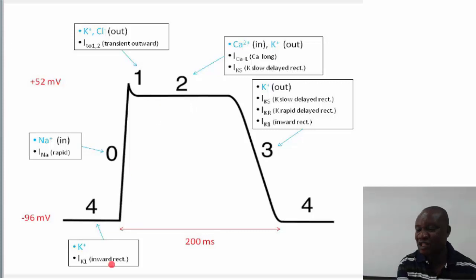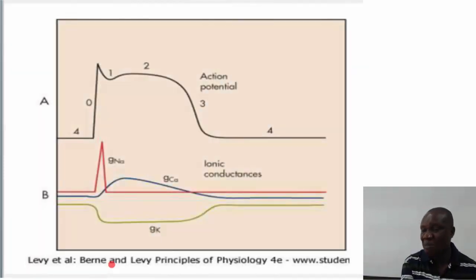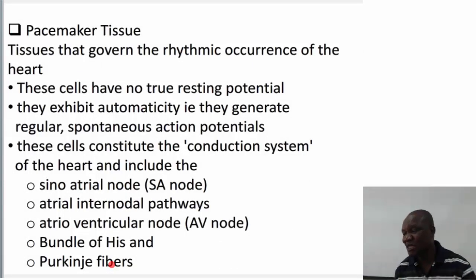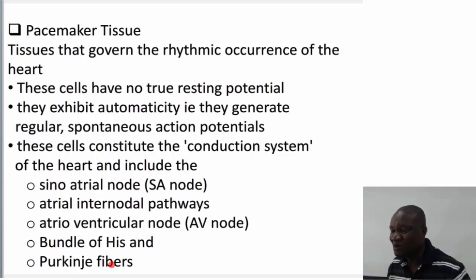Now in the heart wall, about 1% of cells are not muscle. They constitute what we call the conducting system. So about 99% of the heart wall is made up of the cardiac muscle. Just about 1% is made up of this conducting system.